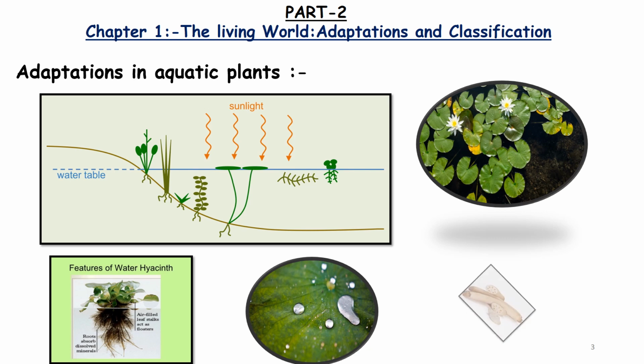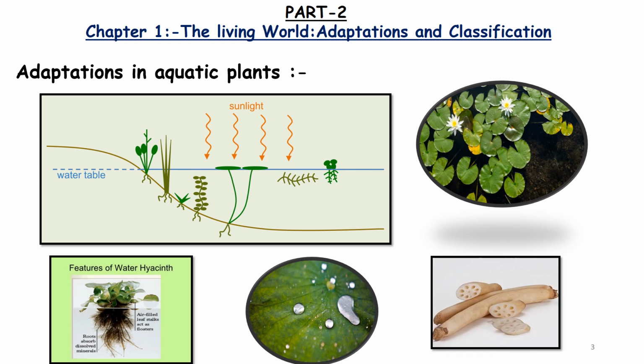Air spaces in stems and petioles of the aquatic plants are useful for floating in water. As you see in the last image, it is the image of stem of lotus. You can see the air spaces in between them. And these air spaces help the plants to float in water or on the water. Understood?